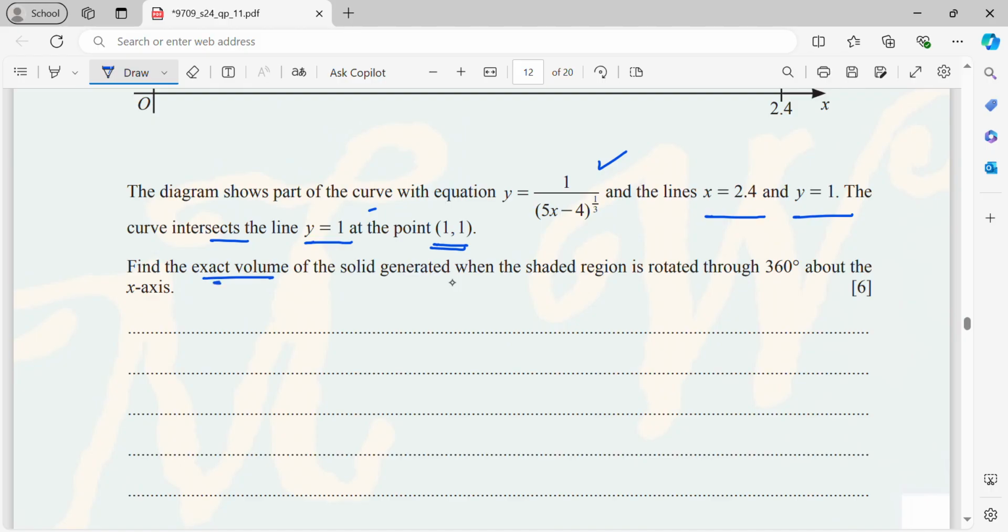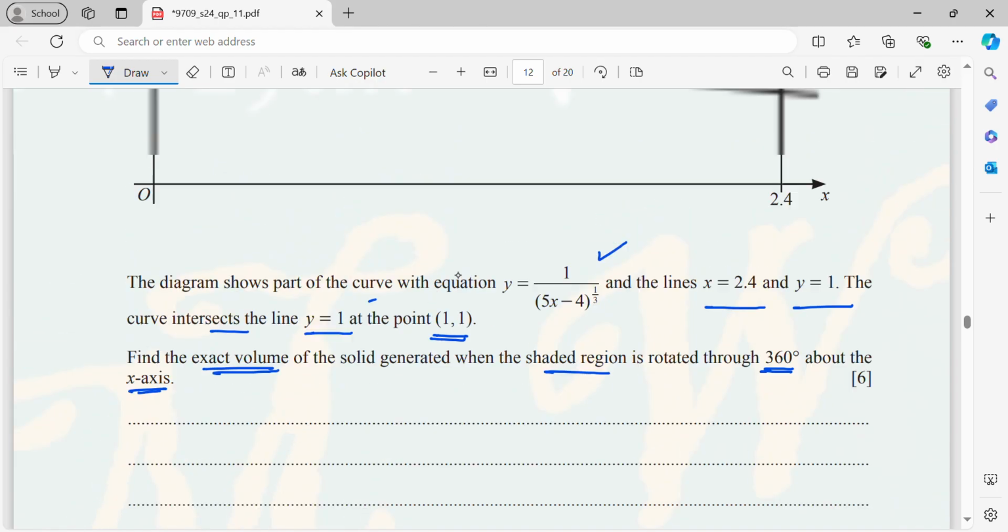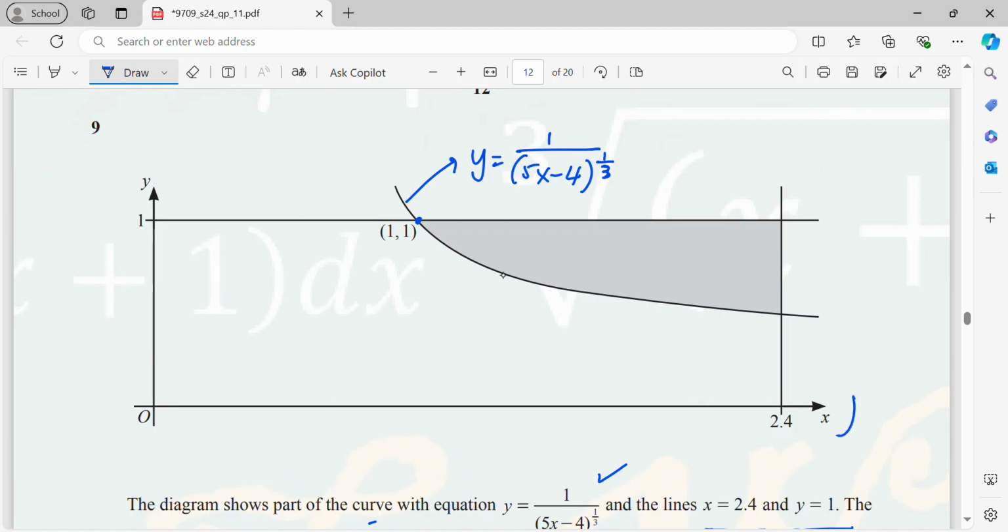Find the exact volume of the solid generated when the shaded region is rotated through 360 degrees about the x-axis. So you are rotating this region 360 degrees. Okay, so basically our volume formula is V equals pi integral of y squared dx, since it is rotated about the x-axis.